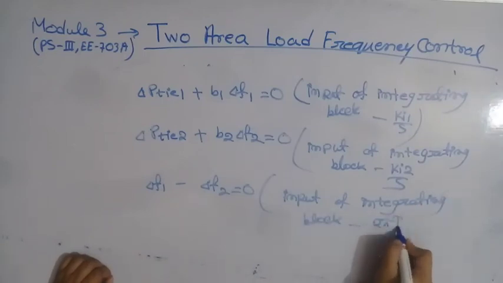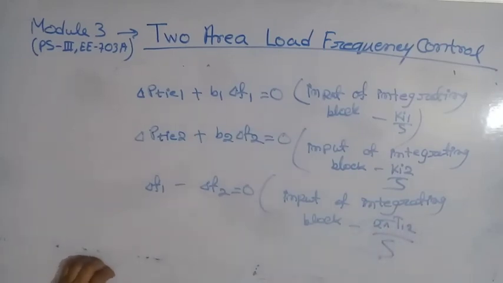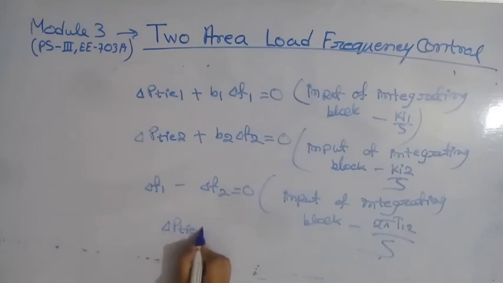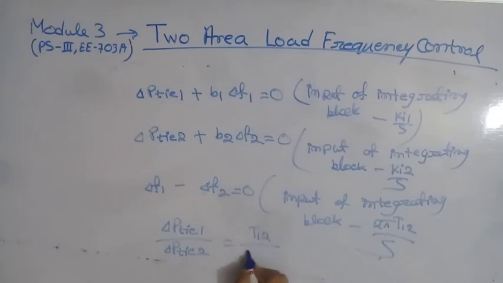Minus 2 pi T12 by S. Now delta tie line power 1 by delta tie line power for control area 2 is equal to T12 by T21, which is equal to minus 1 by A12, and this is constant.